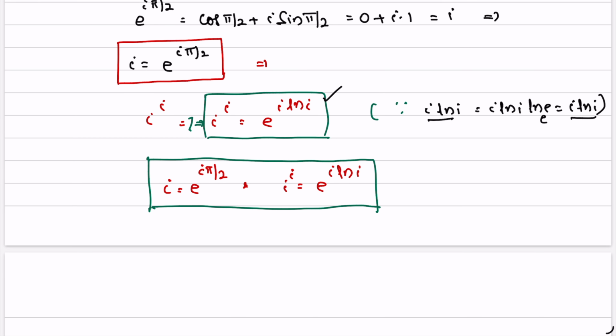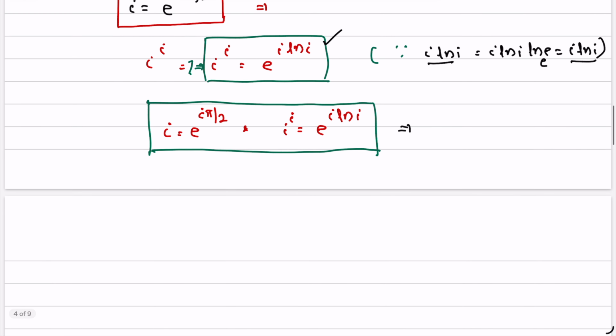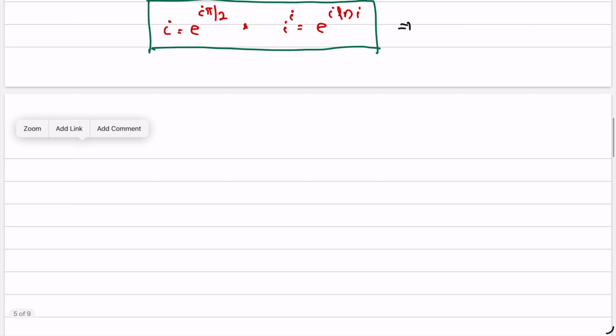Now we will club these two together and try to find out the value of i to the power of i. i to the power of i is equal to e to the power of i into ln i.